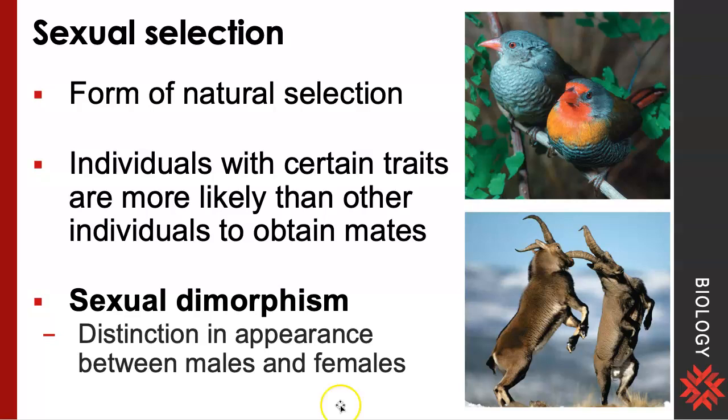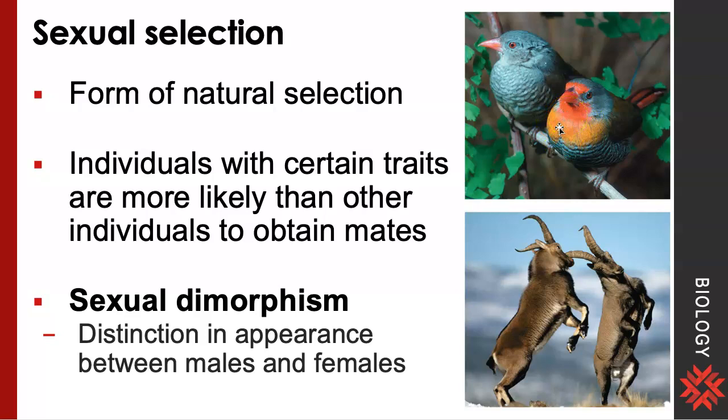And so you end up having sexual dimorphism, which means that di is standing for 2, morphism or morphology is appearance. So you're going to have 2 appearances depending on the gender, the sex of that organism. So males and females are going to look different from one another. And the reason they look different is because of the different selective pressures, meaning that the females are going to be able to choose which males to mate with, and the females might say, hey, I want to mate with the male that has the brightest colored plumage.